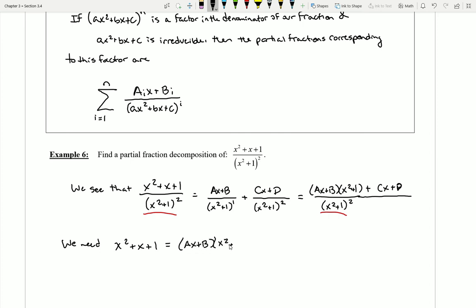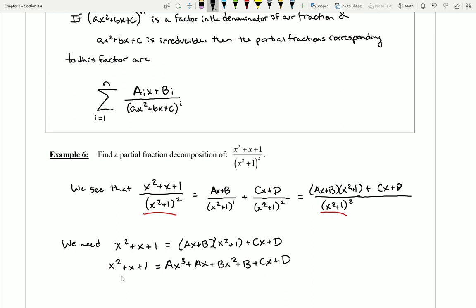Since I've been dealing, though, again here with these irreducible quadratic factors, we saw in the last video that it would be helpful to, instead of plugging in values for x, try to think about comparing how many x's and x squareds and constants were on either side of this equal sign. So to do that, I'm going to start doing some distributing down here. So I'm going to do ax times my x squared, ax times 1, b times x squared, b times 1, cx plus d.